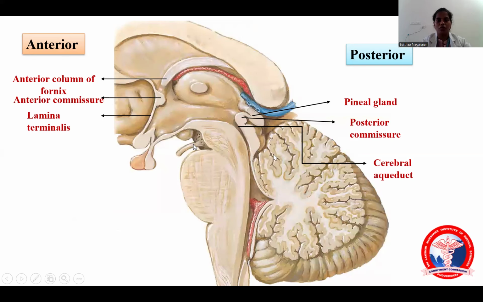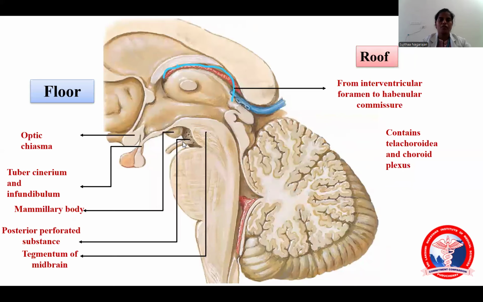Now the posterior wall is formed by the pineal gland, posterior commissure, and cerebral aqueduct of Sylvius. Pineal gland, posterior commissure, then we have the cerebral aqueduct of Sylvius. Now the floor is formed by the optic chiasma, then we have tuber cinereum and infundibulum, then the mammillary body, then the posterior perforated substance, then the tegmentum of midbrain.